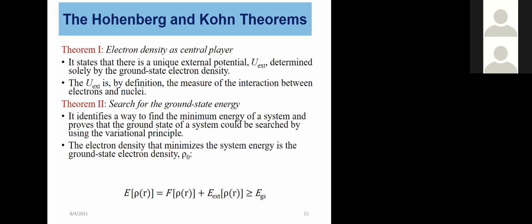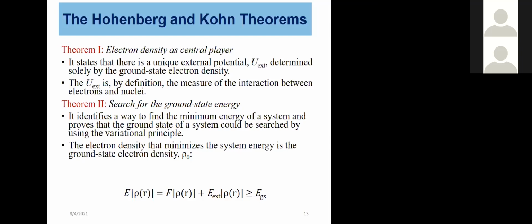The first theorem says the electron density will be the main variable in solving the many-body Schrodinger equation. In any system, the nucleus positions are fixed, so the nucleus-nucleus interaction energy is constant. And the way each electron and each nucleus interact depends only on the system, because in each material, how separated the electrons and nuclei are is particular to that system.